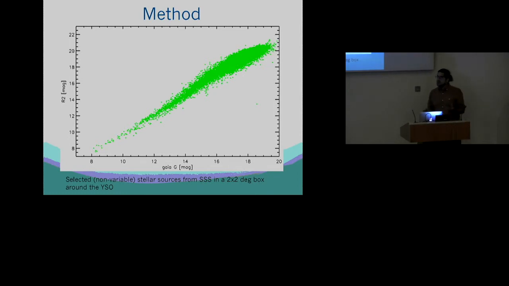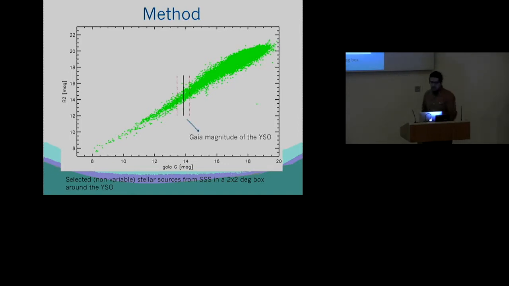The way that we tried to select these objects, we didn't make any direct correlation between the Gaia and the SuperCOSMOS magnitude. What we basically did was, for a particular YSO, we took everything around it in a 2 by 2 degree box and compared Gaia versus, for example, here, the second epoch in the R band. And you can see how these objects, which we assume are largely non-variable stars, behave.